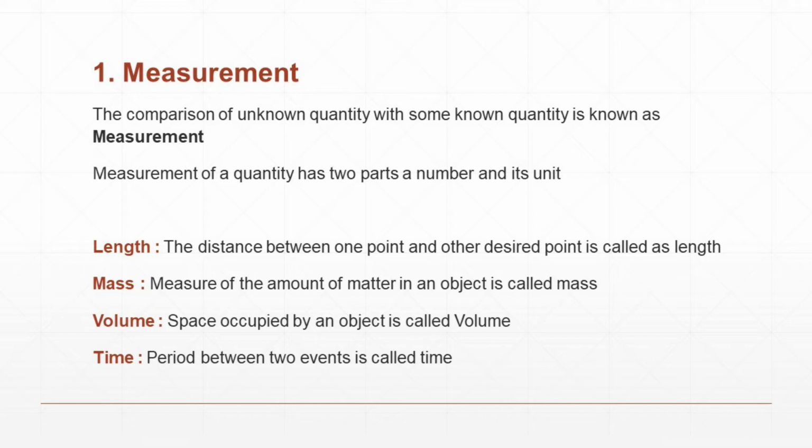Next, mass. Mass is the measure of the amount of matter in an object. Volume. Volume is the space occupied by an object.